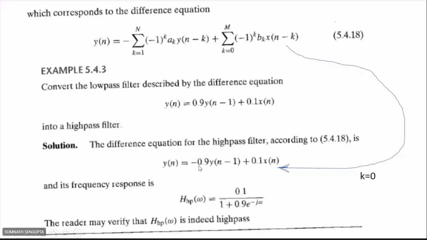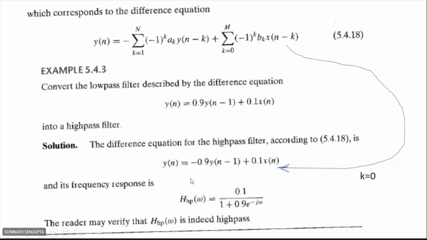Just convert it into the z domain. Y(z) is equal to minus 0.9 into z inverse Y(z) plus 0.1 into X(z). Now taking Y(z) common, Y(z) into 1 plus 0.9 z inverse is equal to 0.1 X(z).